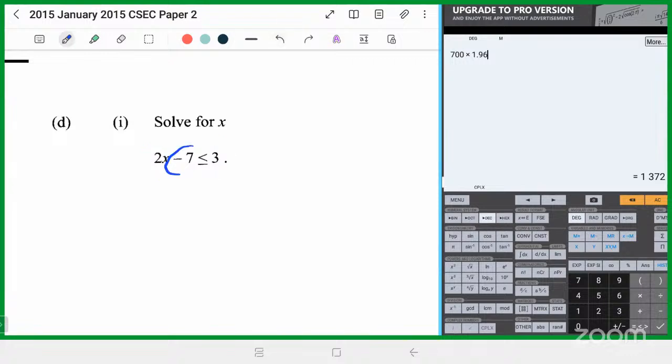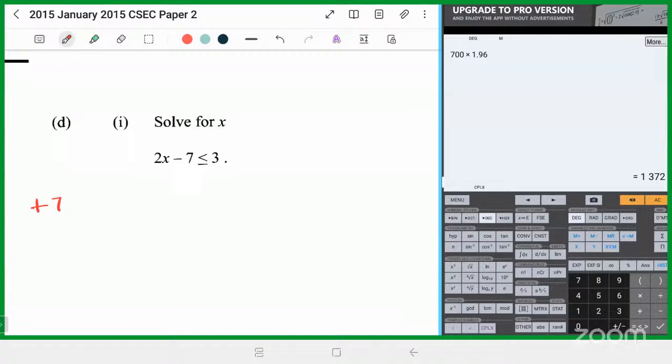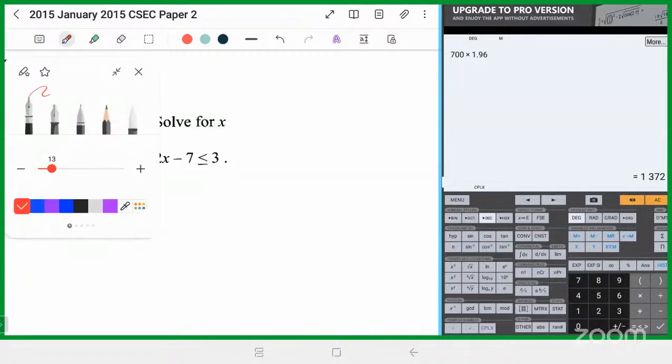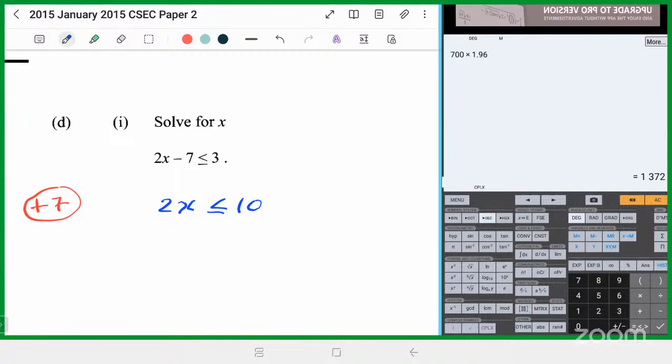The first thing I'm going to do is move this 7 over here and add it, like adding 7 to both sides. When I add 7 to this side, same as transposing the 7, I get 2x less than or equal to 10. The 7 goes over here, I do 3 plus 7 to get 10. The sign stays the same, because I did not multiply or divide by a negative number.